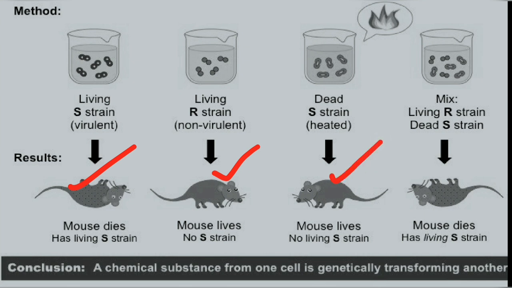Then he mixed living R2 type of bacteria and heat-killed S3 type of bacteria and injected them together into mice.